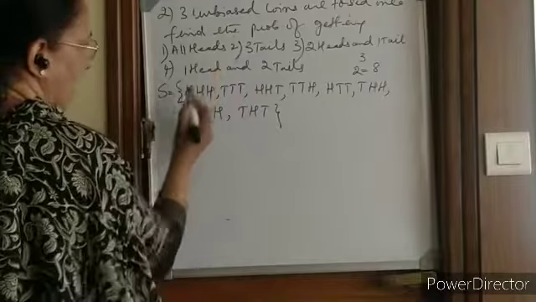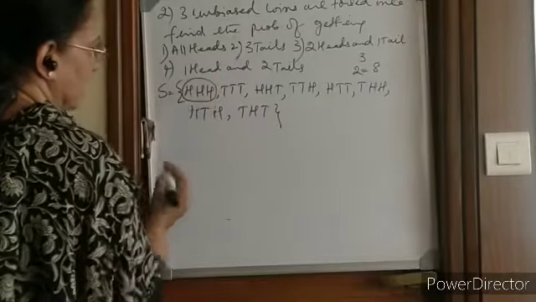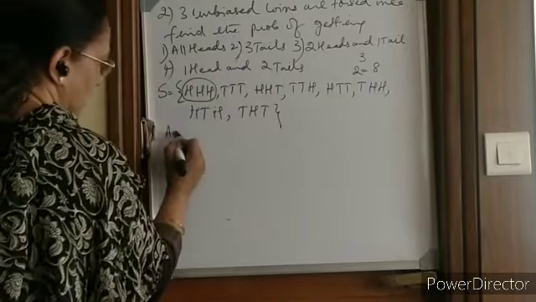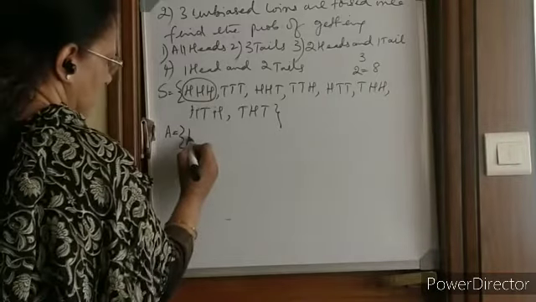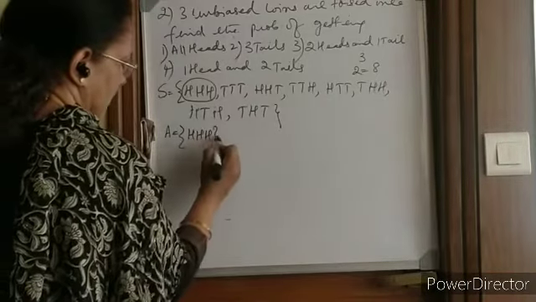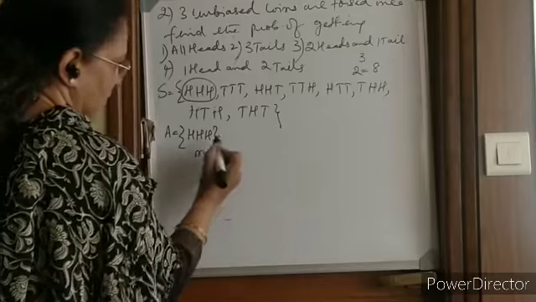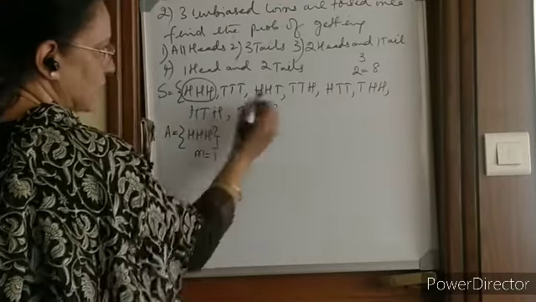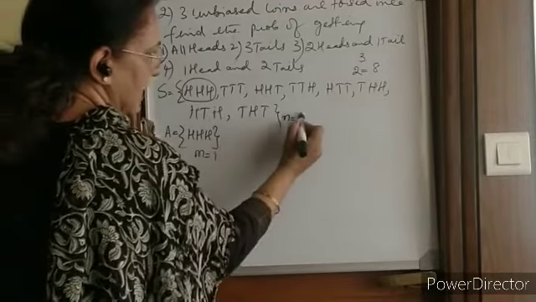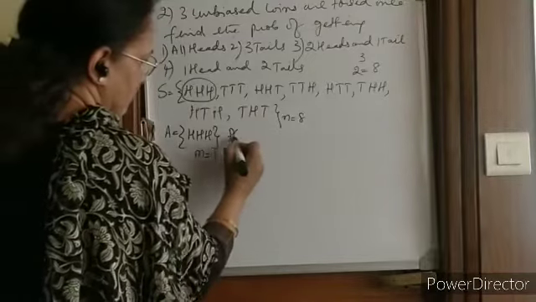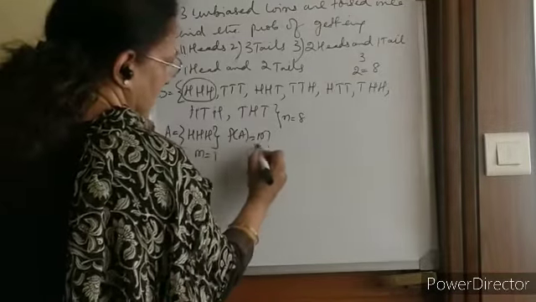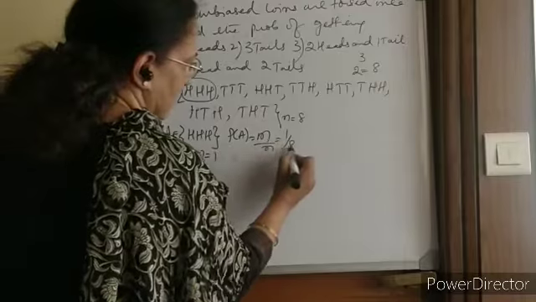Now first one, all heads means what? We want only this outcome. So A is all of them are showing heads. So H, H, H. Now here what is M value? This is only 1. Once it is possible. How many it is N here? 8. So probability of A, M by N. So 1 divided by 8.